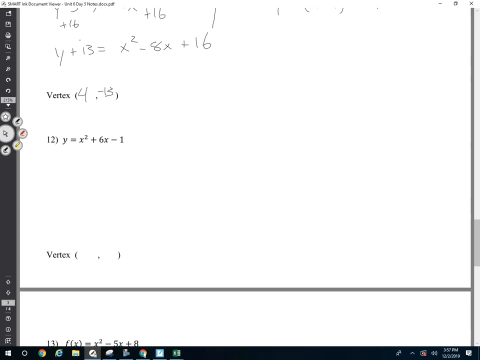Okay, ready? Add the 1 to both sides. Get rid of the 1, but make it y plus 1. Number 12, here we go. Add the 1 to both sides. Make it y plus 1 on the left side. Find the number that you should add to both sides to make the right side a perfect square.